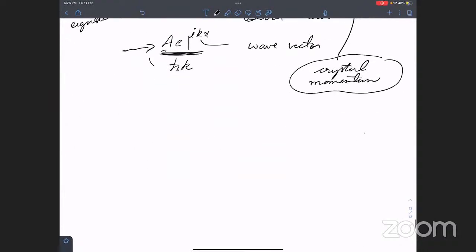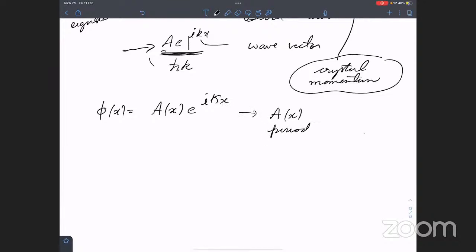Okay. Let us check something out now. So I have a wave function psi of x, A of x, e to the power i K x, my Bloch wave function. And I now specify that A of x is periodic in x with periodicity a. Now let us do something else.